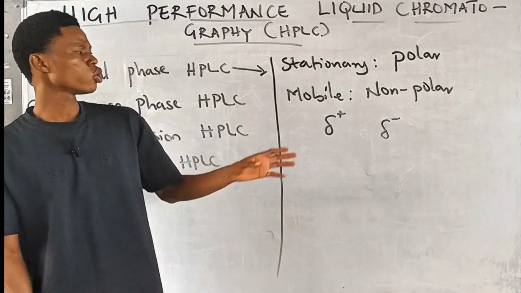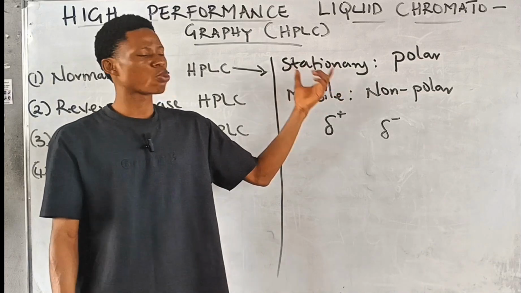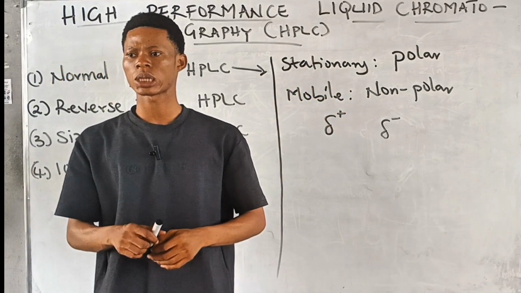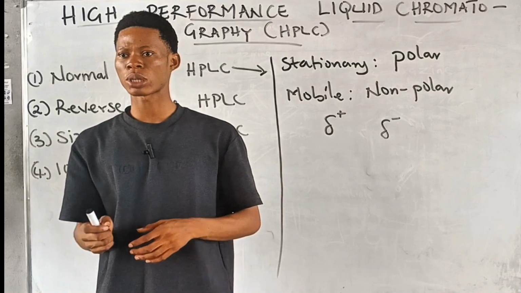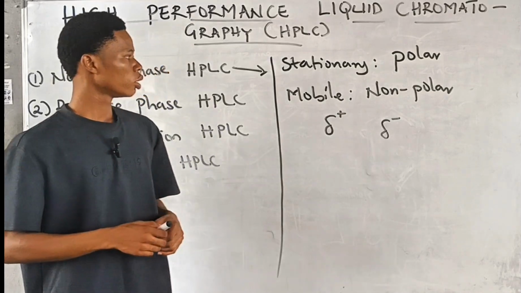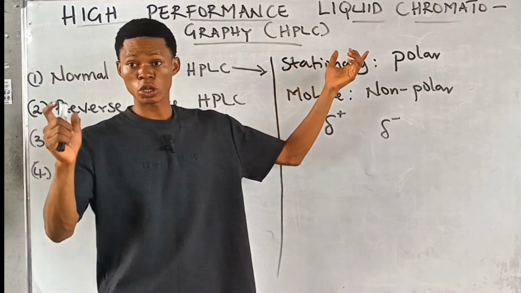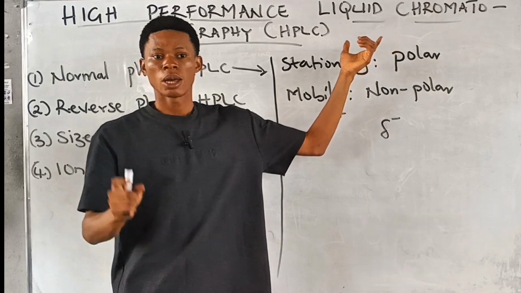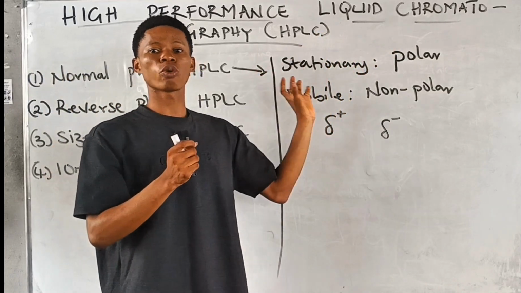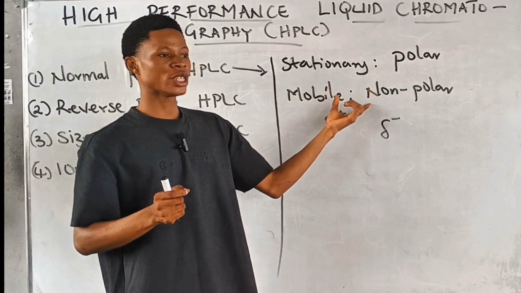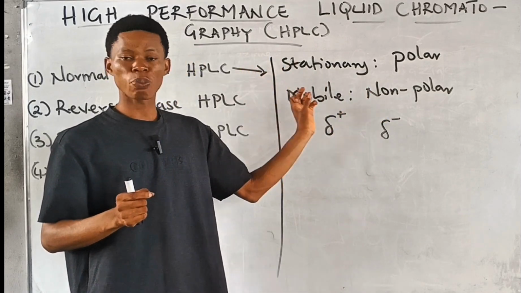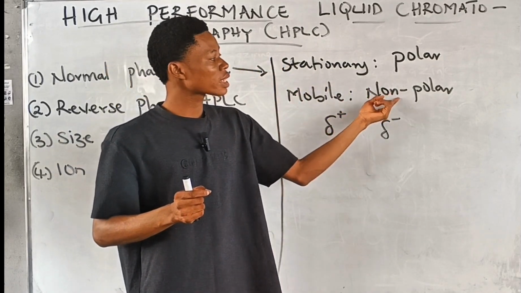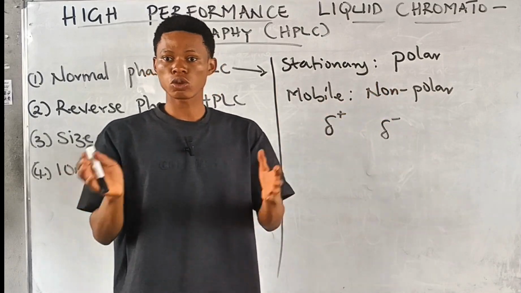Now, let me ask, do you think this should be used to separate polar substances or non-polar substances? It will be used to separate polar substances, right? Because if you are using it to separate non-polar substance, remember the mobile phase here is non-polar, so it will be interacting with the non-polar, because non-polar interacts with non-polar.